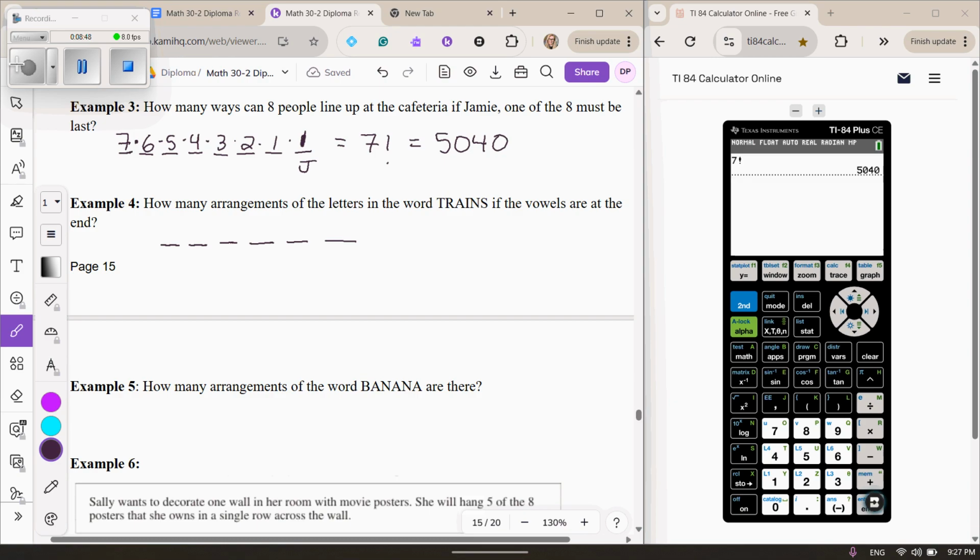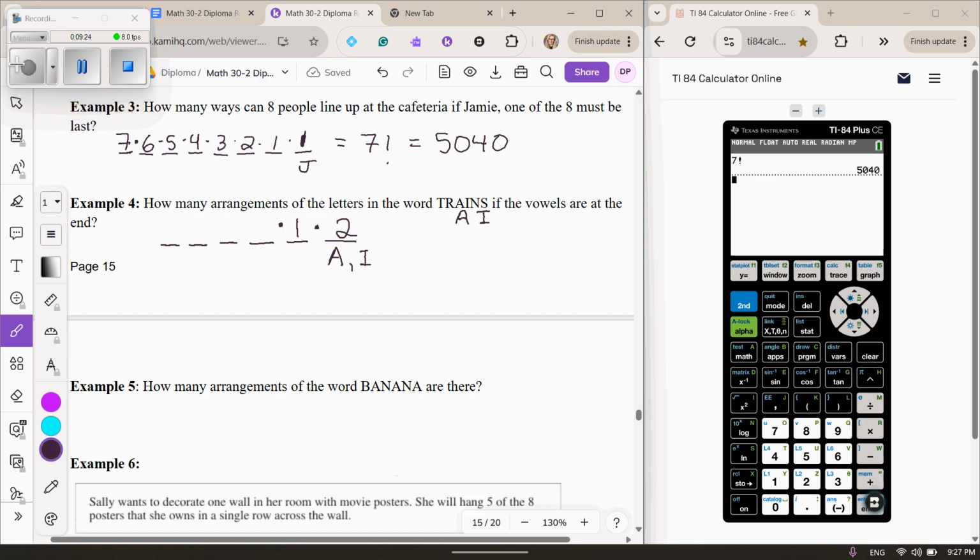Okay, so the vowels have to be at the end. The vowels in trains are A and I. Okay, so let's say the A or the I has to be right at the very end, which means we have 2 options for that one. After that, we have 1 option because I have either used the A or the I for that second last spot. Okay, so I have now done my restrictions first.